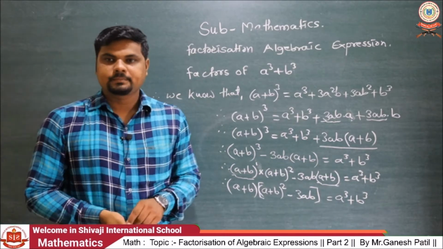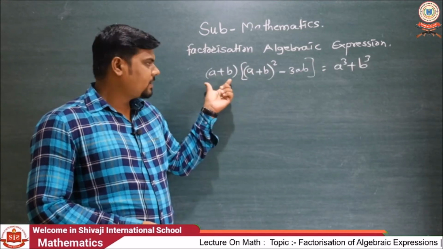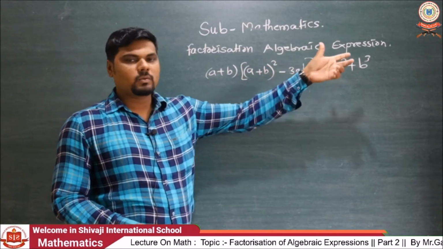So (a plus b) in the first bracket and in the second bracket (a plus b) square minus 3ab is equal to a cube plus b cube.